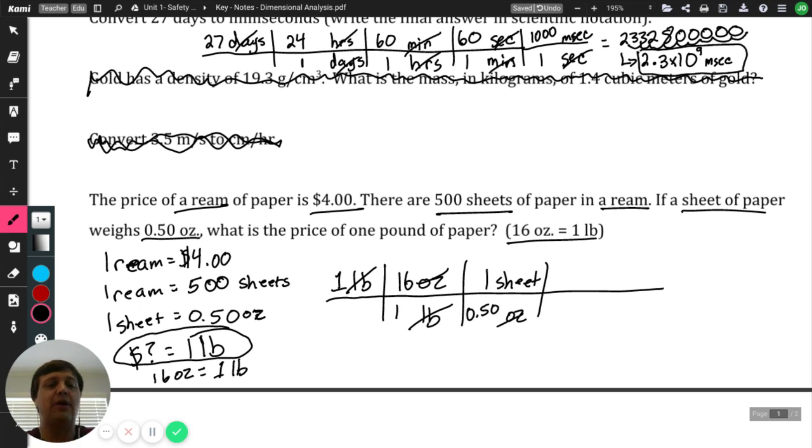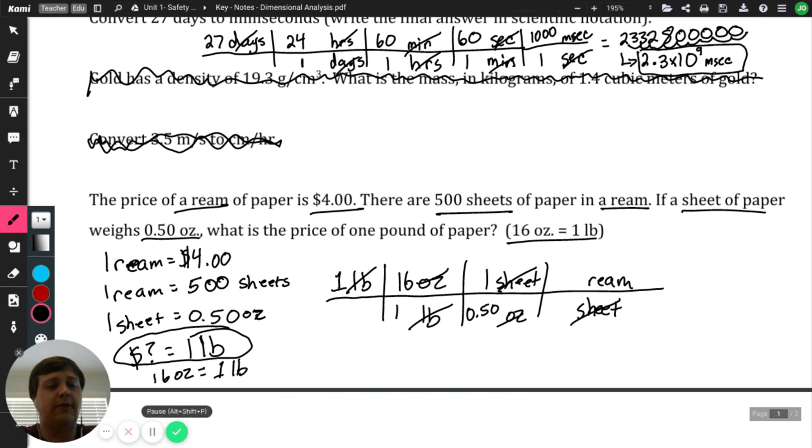Okay. So, sheets, is it what we're looking for? Well, no, it's not. So again, we drop it low. Cancel that out. So we went from sheets and we're going to, well, we can't go to dollars, but we could go into reams.